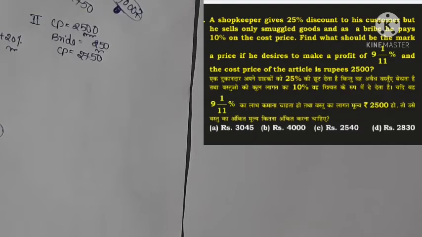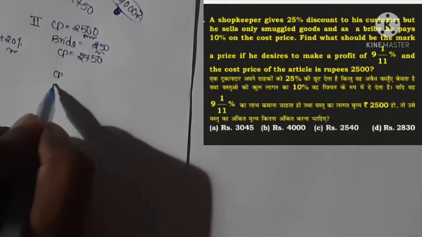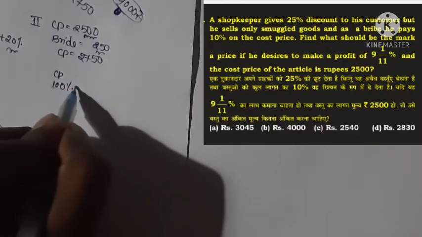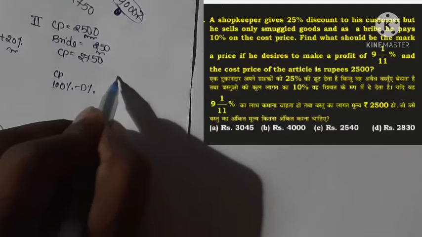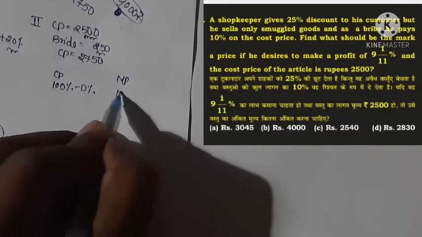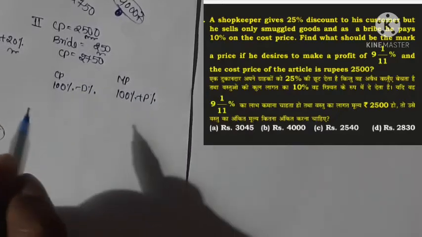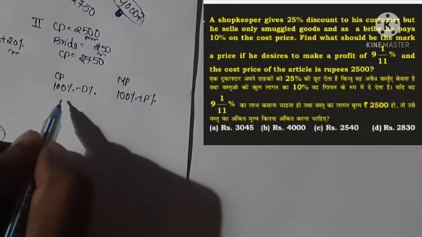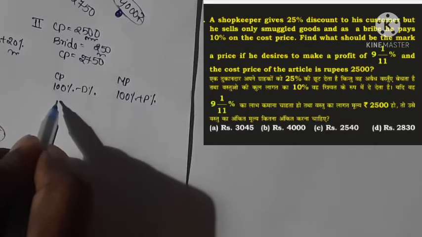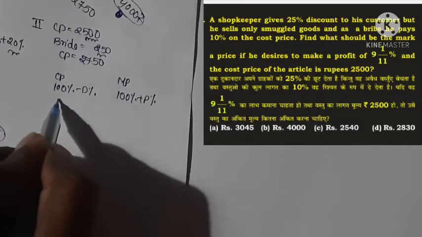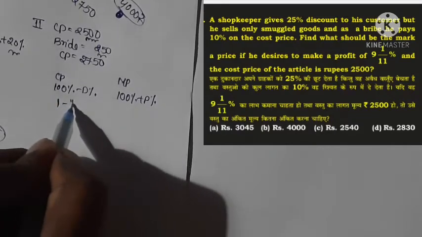See, the discount is 25%. So the selling price is 100% minus the discount percentage, and the mark price is 100% plus the profit percentage. Here the discount is 25%, so I want to write this fraction as 1 minus 25%, and 25% is 1 by 4.